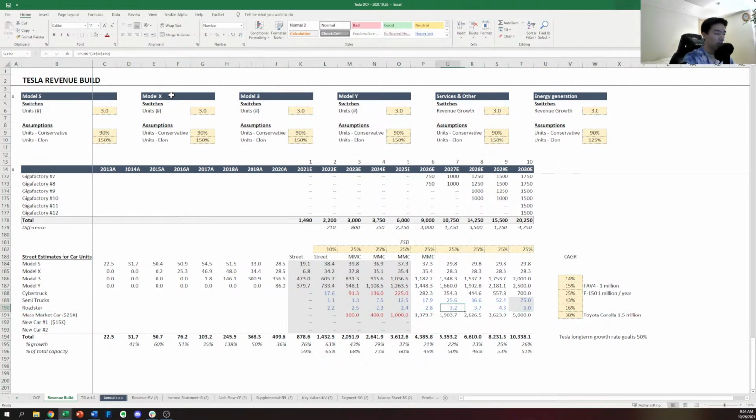Let's say 5,000 of the Roadsters. Okay, I'm going to do the same thing for the entire row to just be consistent. Let's say this gets to just 30, I think is fair.